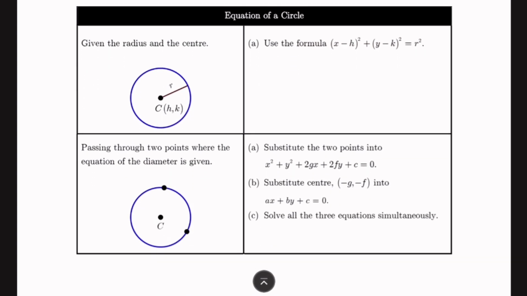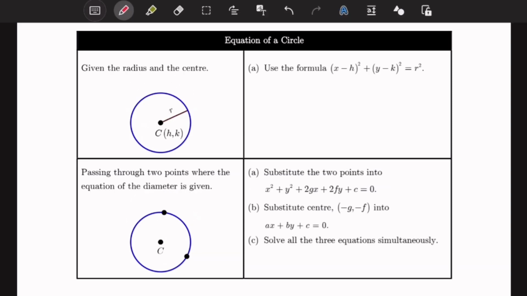Next, methods to solve. To find the equation of a circle, if given the radius and the center, we just use the standard equation formula. Substitute everything into the standard equation formula. How about if this circle passes through 2 points where the diameter is given?